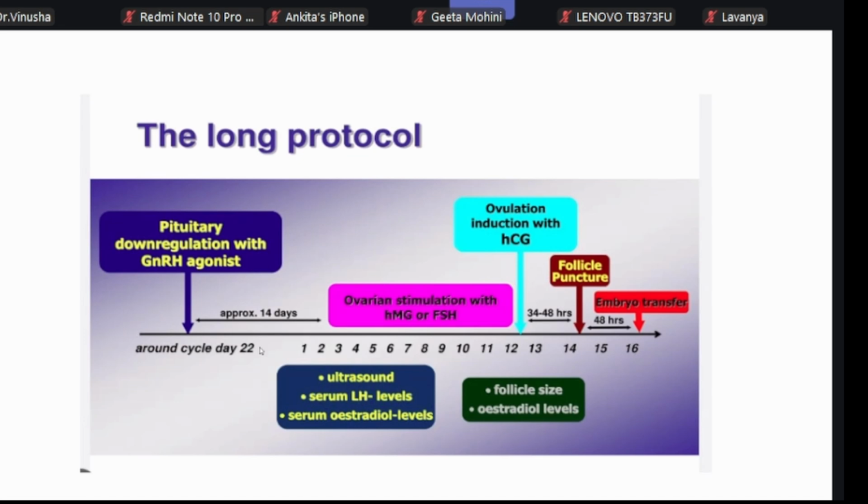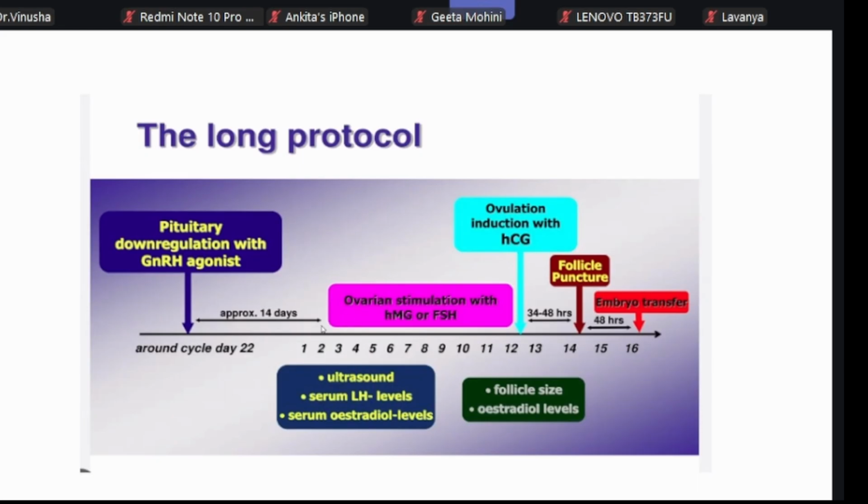So in long protocol, what we do is in the previous cycle on day 21 itself, we do the scan. We confirm ovulation and whether there is any cyst or not. After confirming ovulation, we start with agonist on day 21 or day 22 of the cycle, and we wait till day 1. We can even add a progesterone for withdrawal bleed, and we continue till day 1 or day 2 of the cycle.